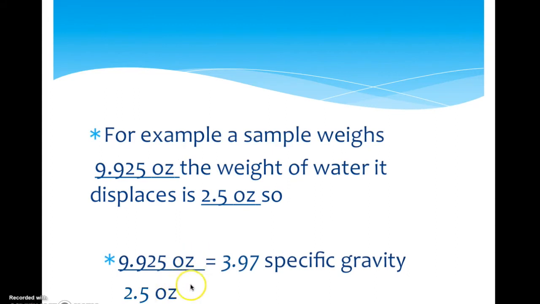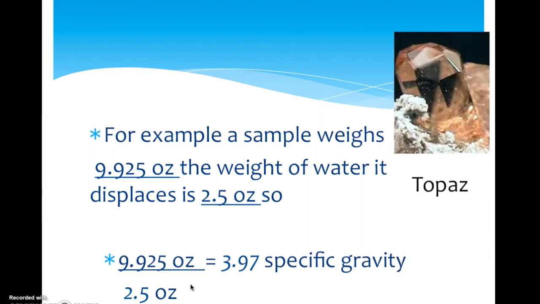They go away. Bye. Leaving a unitless number, and that is specific gravity. It does not have a unit of its own, it just is a number. Okay, and in this case, looking at the specific gravity chart, we find that it is the mineral known as topaz.